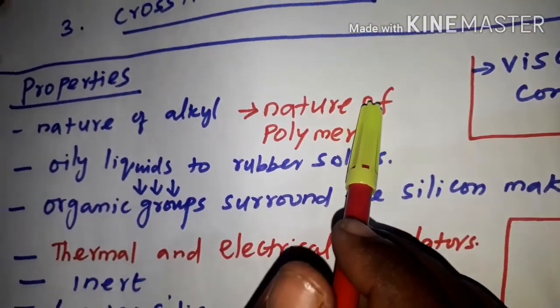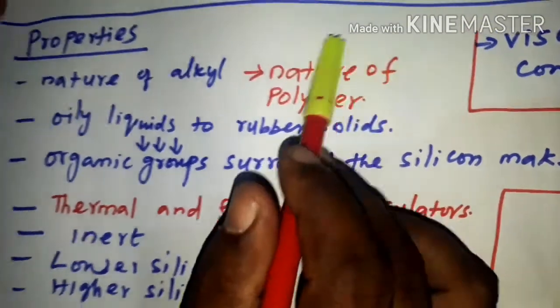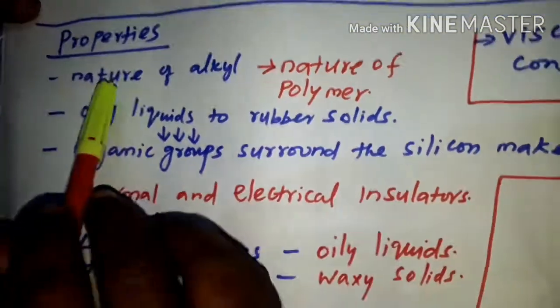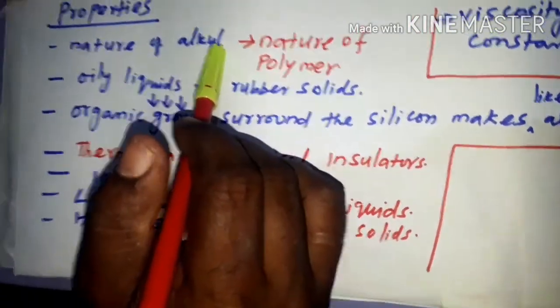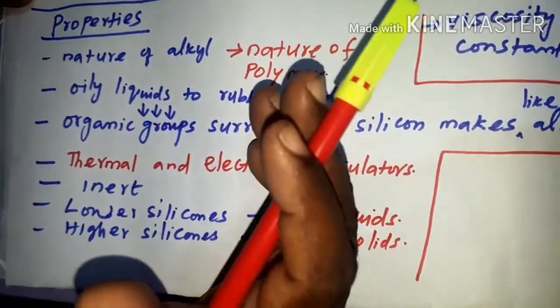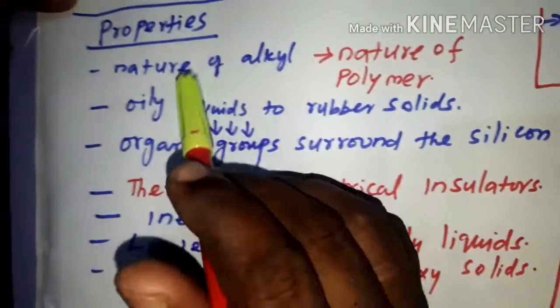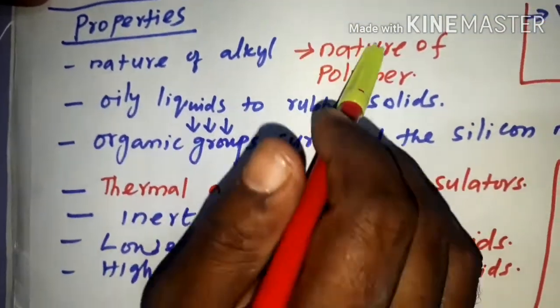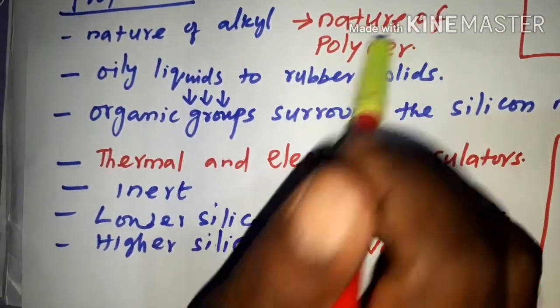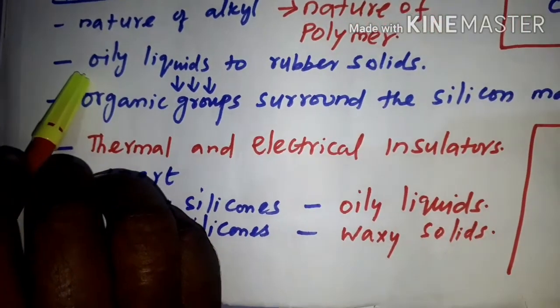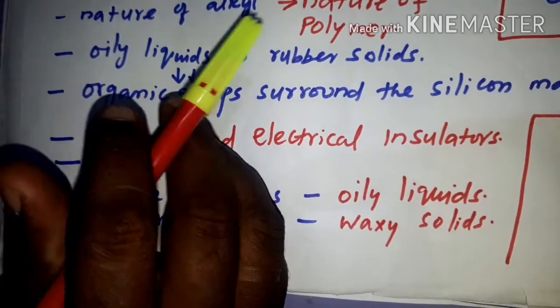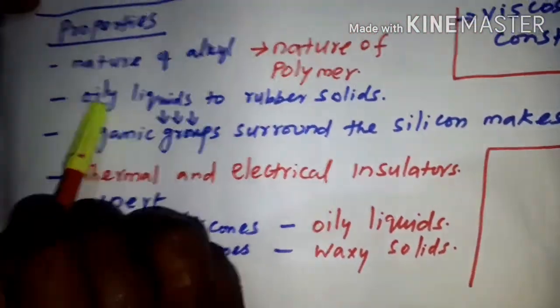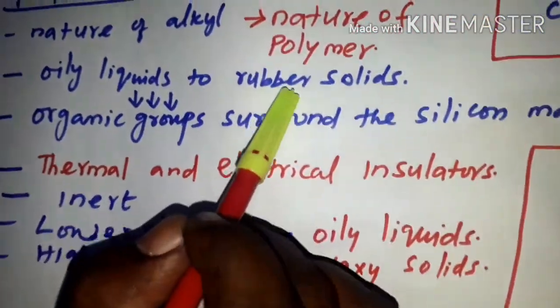Actually, silicones are polymers, and the nature of the polymers is determined by how the alkyl group is attached to the silicon atom. So there are different types of alkyl groups. So the nature of the alkyl group determines the nature of the polymers. Then second property is it is oily liquids. Normally it occurs from oily liquids to rubber solids.